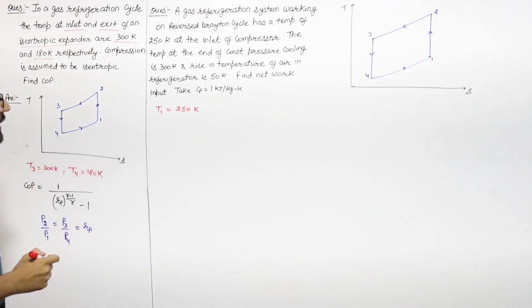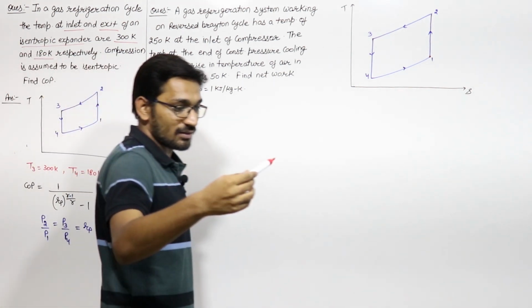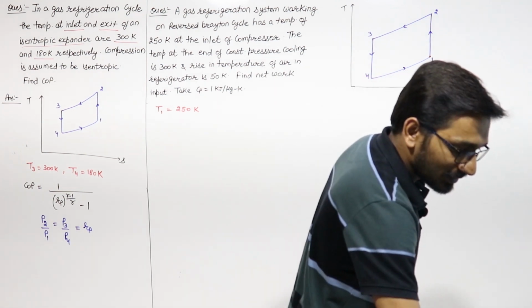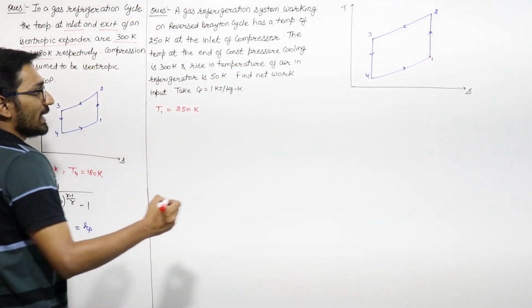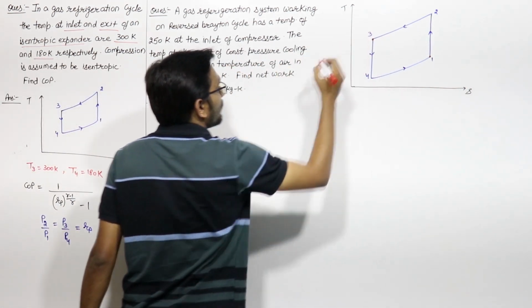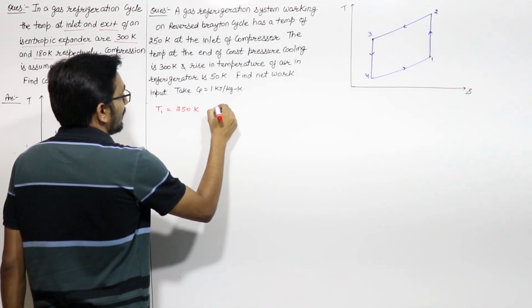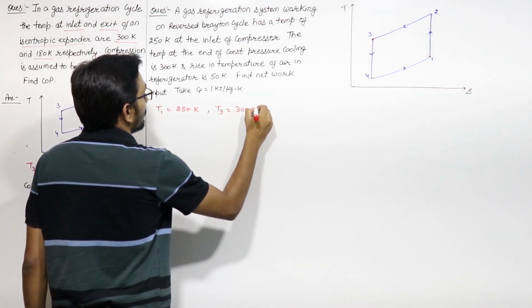The temperature at the end of constant pressure cooling, cooling means heat rejection to the atmosphere, is the process 2 to 3. So at the end of the cooling, T3 is given as 300 Kelvin.